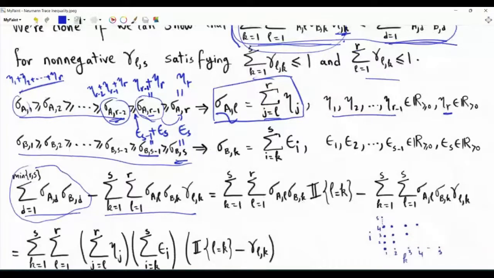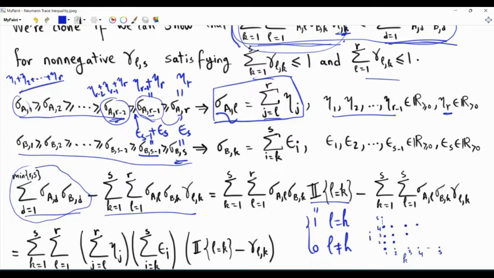So I will take k from 1 to s, l from 1 to r, and then I will write sigma al, sigma bk. And then to obtain this single sum, I will use indicator l equals k. So this is 1 if L is equal to K, 0 if L is not equal to K.